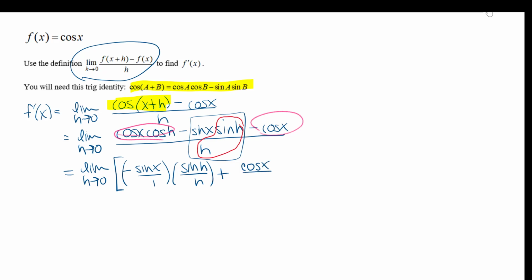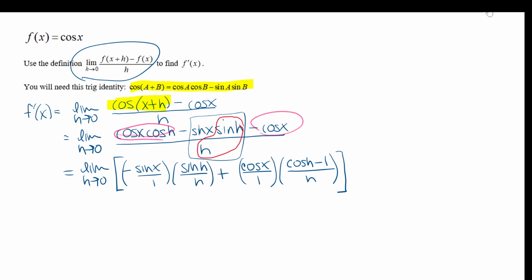So cosine x over 1, and then I'm left with cosine h minus 1, and I don't want to forget that denominator of h. Okay, so I skipped a couple of algebra steps in this one that I wrote out in the previous one. If you want to go back and look at that previous example a little bit more and kind of be sure you're clear about the algebra there.